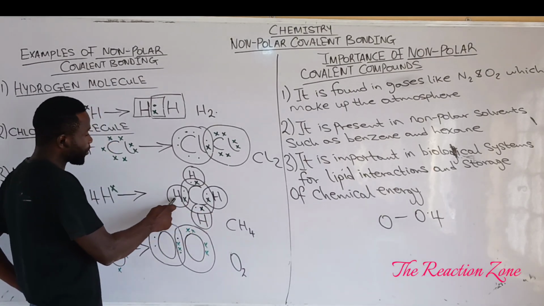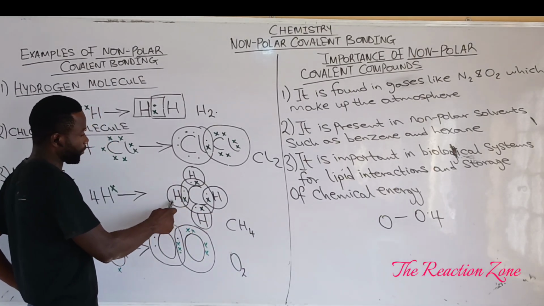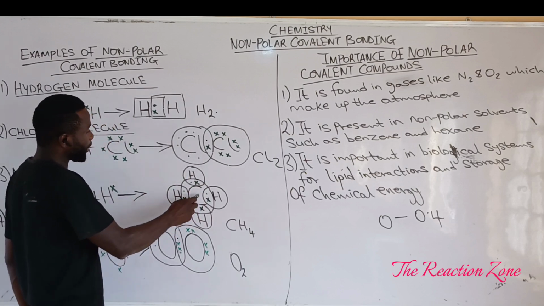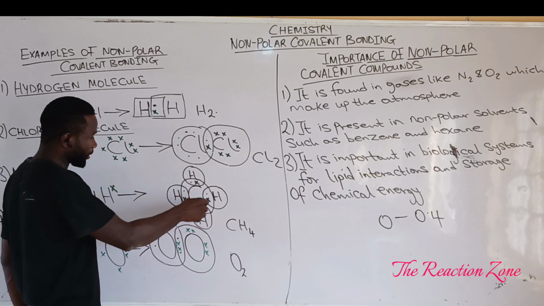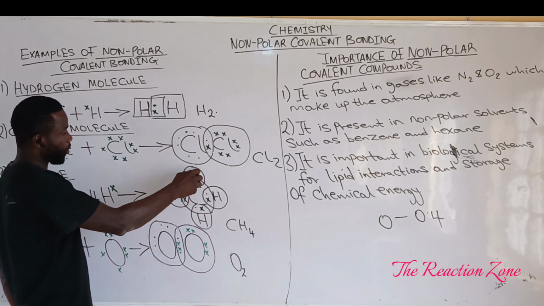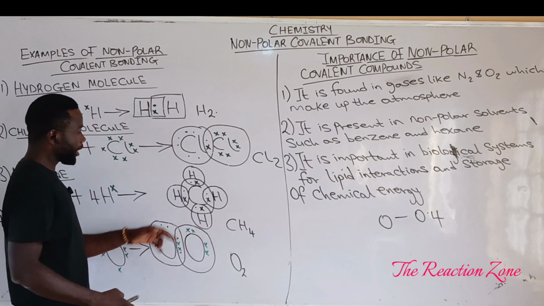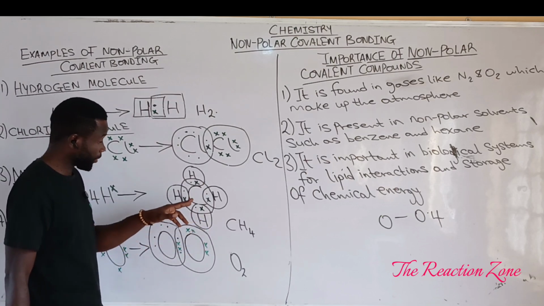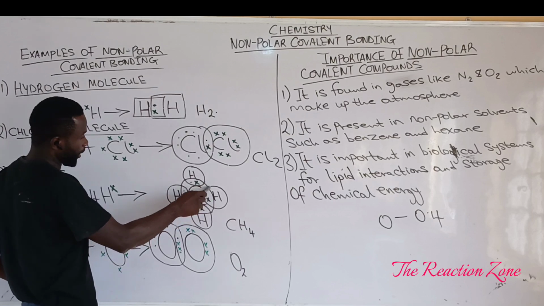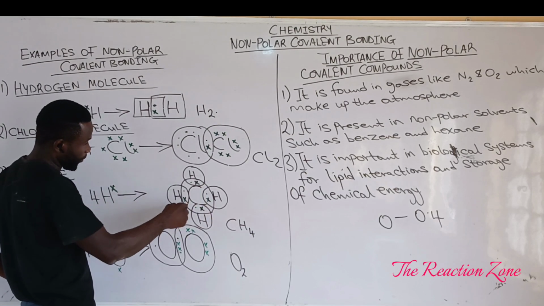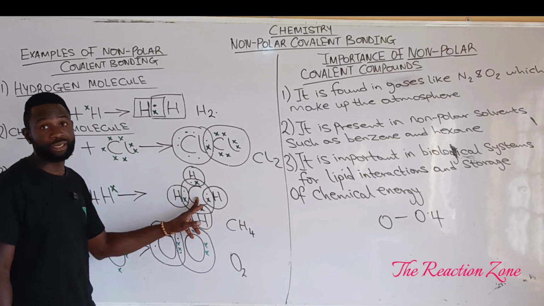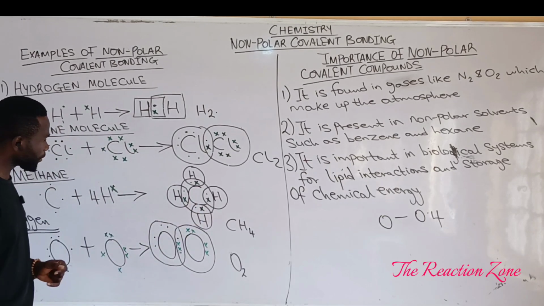Now, each of the hydrogen atoms has a duplet configuration, that is 2 electrons. But the carbon atom has an octet configuration. When you look at these circles, you discover that each of the hydrogen atoms has a duplet configuration. But the carbon atom, when you look at this larger circle here, the number of electrons in it is 8. The carbon atom in methane has an octet configuration.